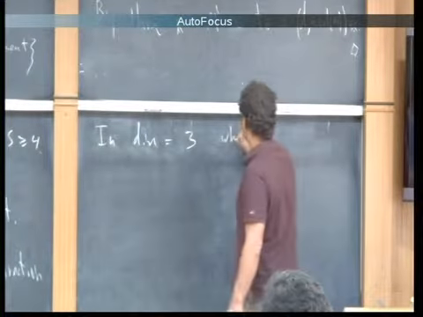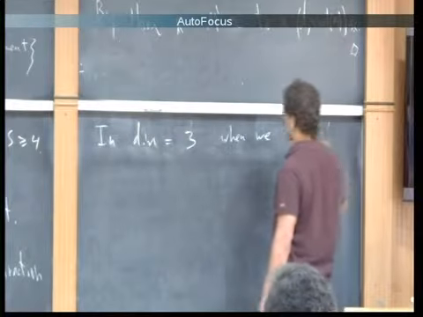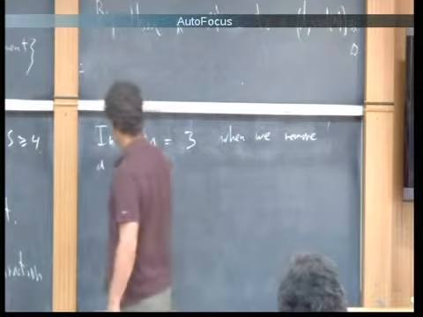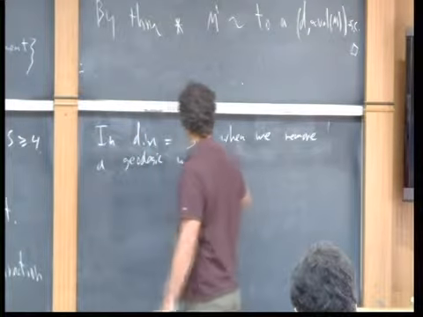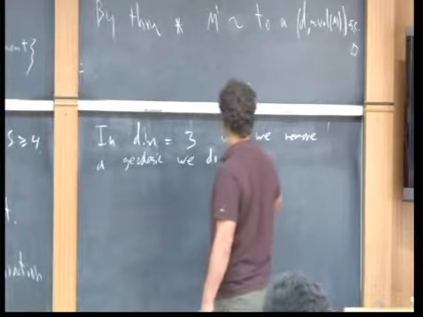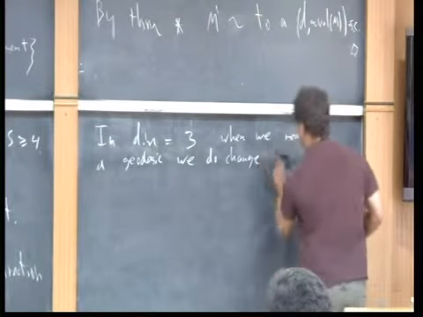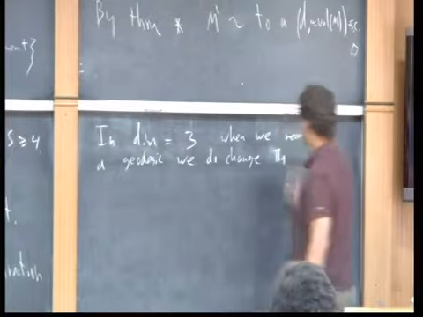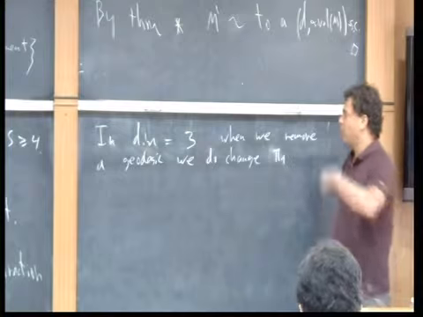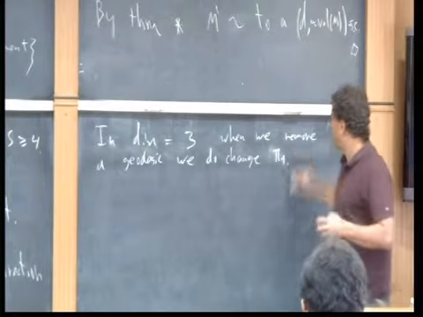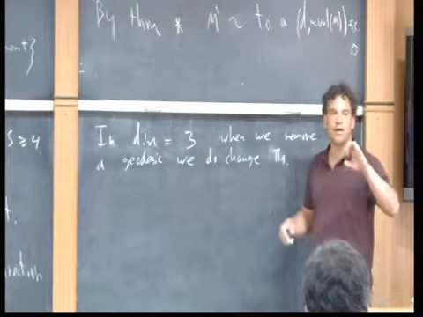When we remove a geodesic, we do change the fundamental group. But we know how we change it. If we glue it back, we don't need to add generators. We just need to add one relation.